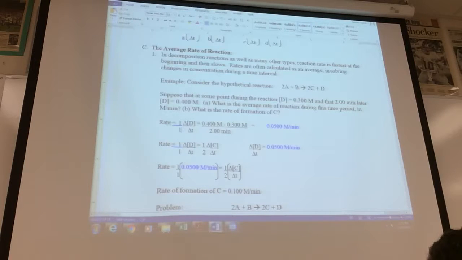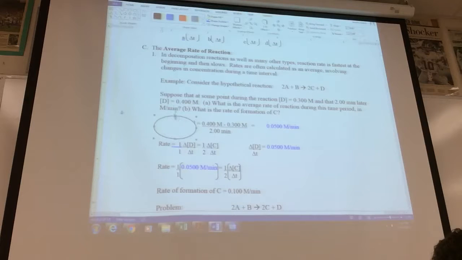Rate equation is right here. I think this is going to block it out, but I'm going to shove it to the back. Why won't it go back?